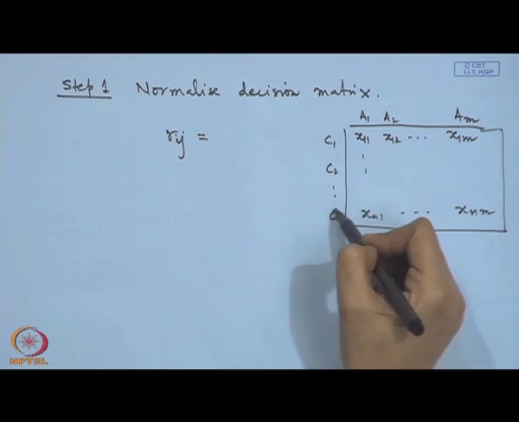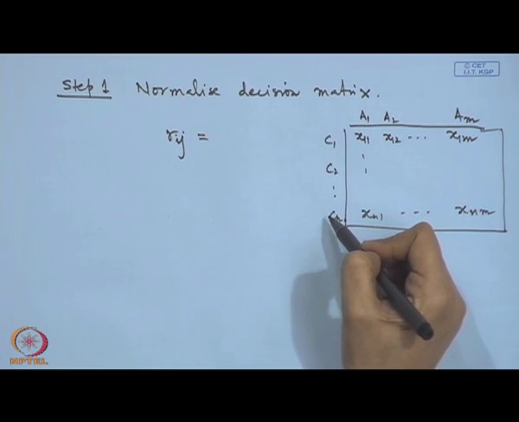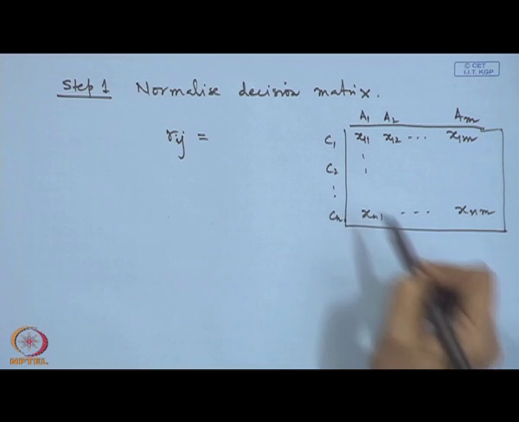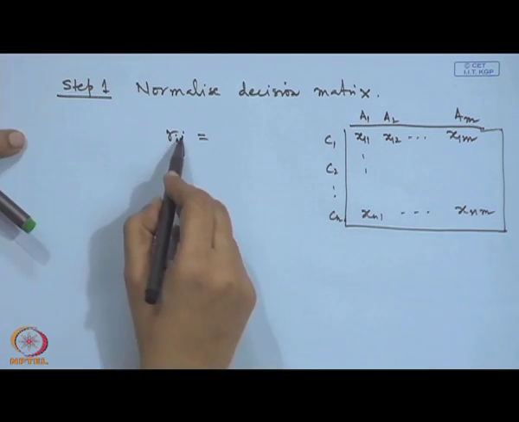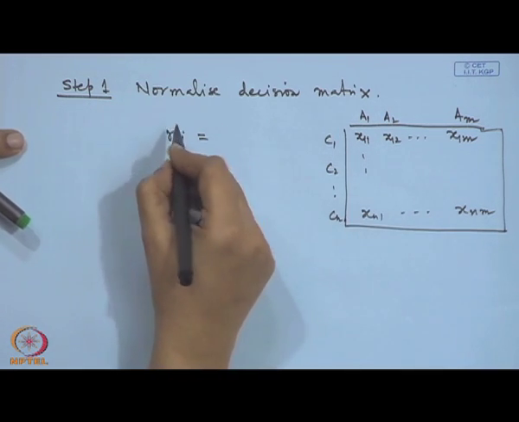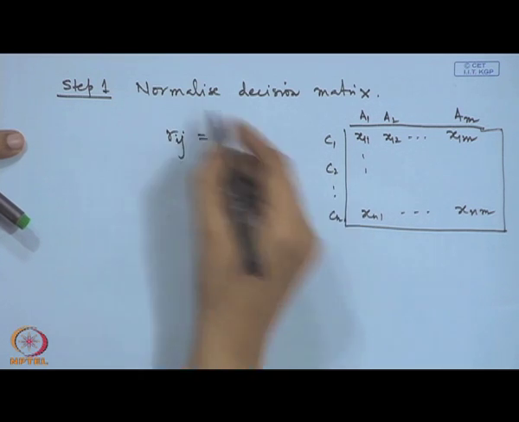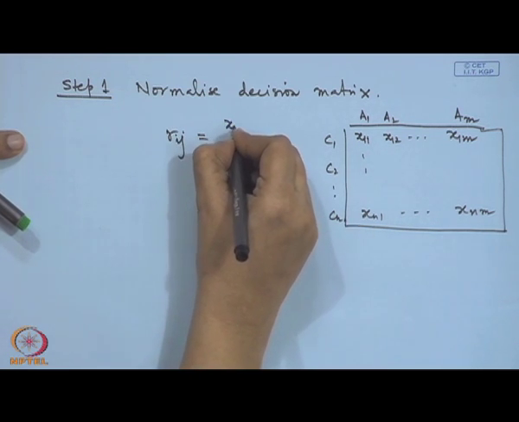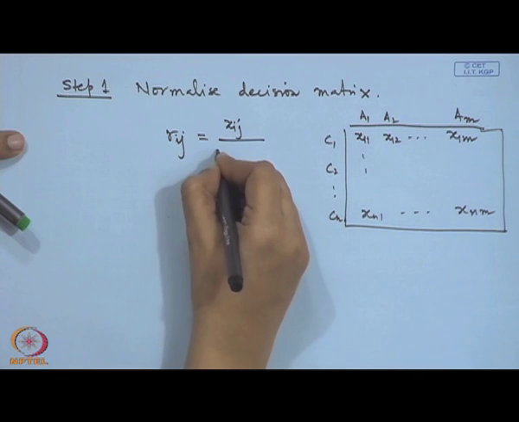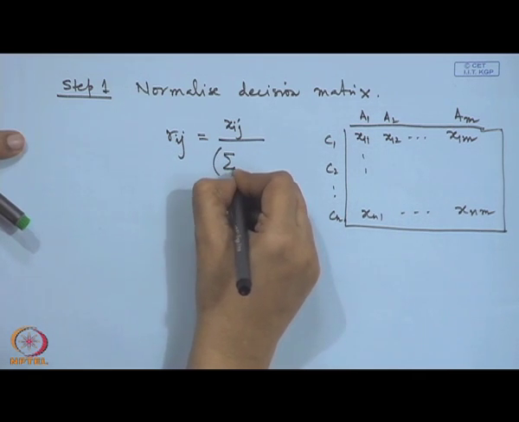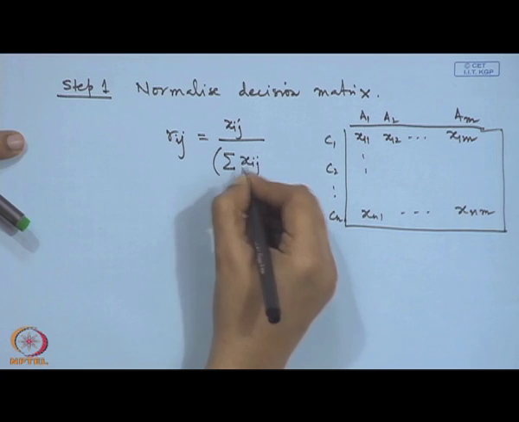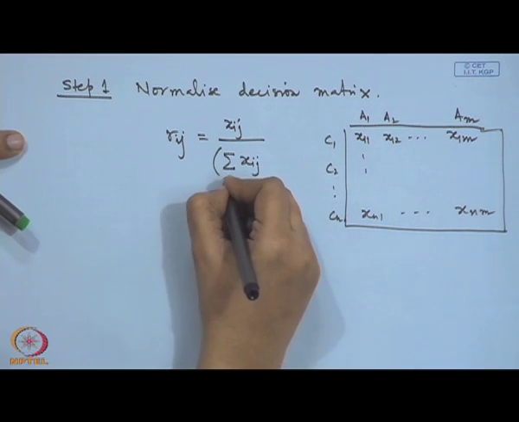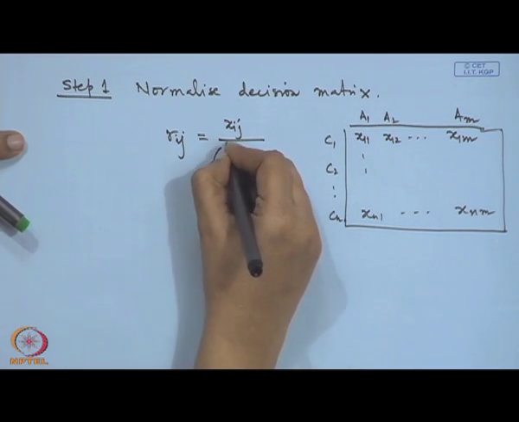And here a few attributes could be cost attributes, a few attributes could be benefit attributes. And for the normalization, the first step is that we take Rij as Xij divided by the summation of Xij over all i equal to 1 to m.